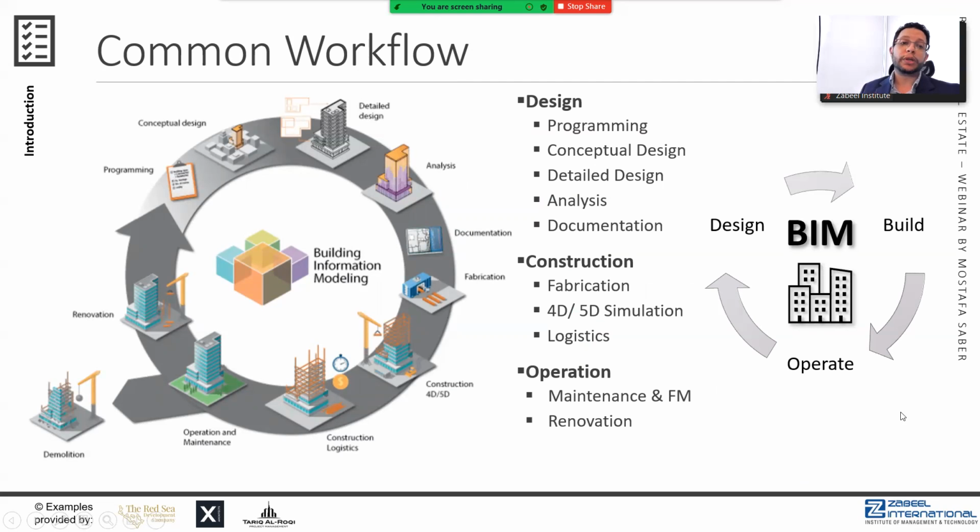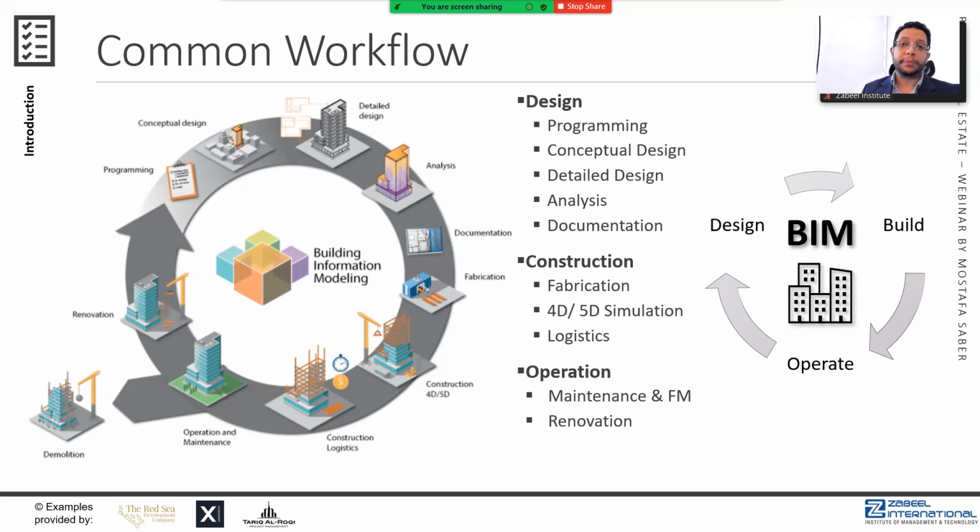Now, the common workflow that we usually follow, maybe you've seen this graph at the left before, and that includes mainly three items. I'd like to simplify them, as you can see on the right side: design, and then build and operate. The design includes programming for the project.